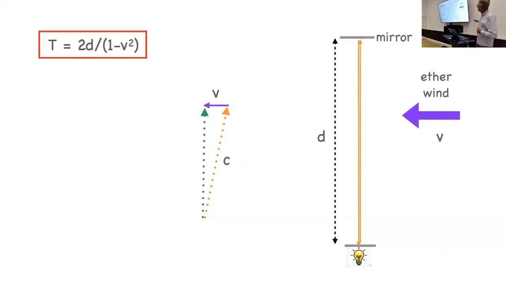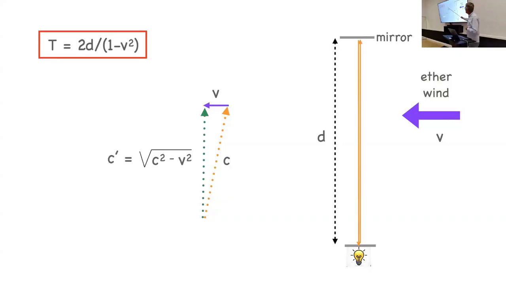So if you want the light pulse to come back and hit the photodetector in more or less the same spot, you actually have to angle your light beam to the right into the ether wind. And then the ether wind will blow it back. The yellow photons represent the path the light beam would take if there was no ether wind, but the resultant is the green vector. And this is, again, just the old Pythagorean theorem, which keeps coming up. You can't get rid of the Pythagorean theorem. People have tried, just can't.